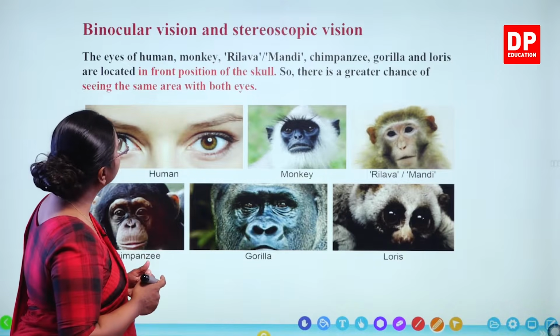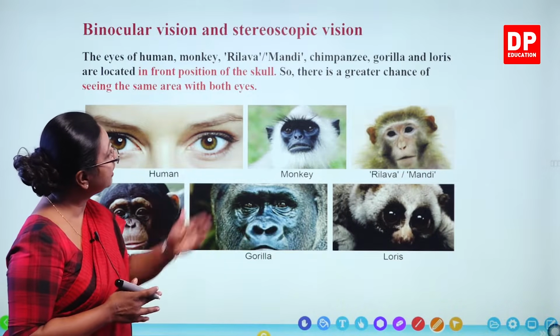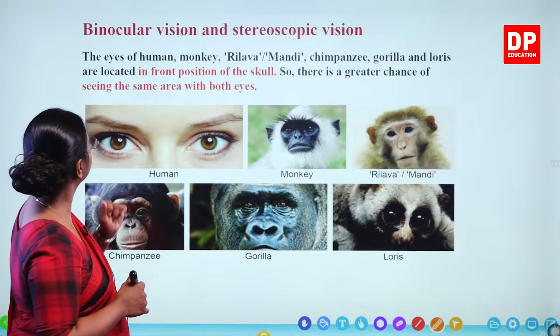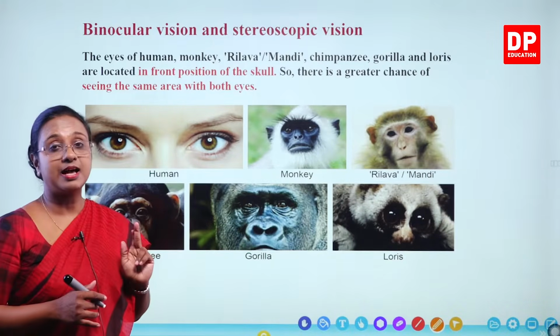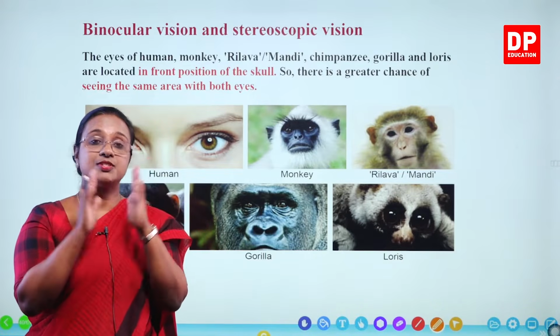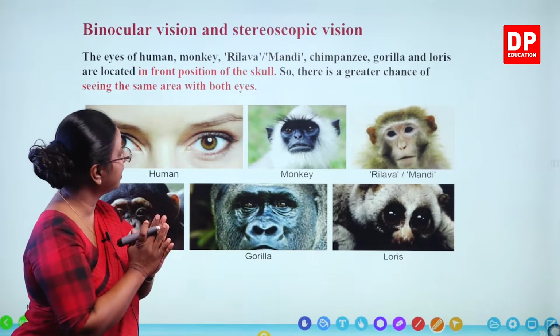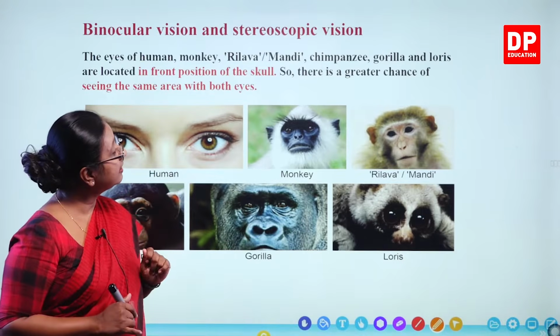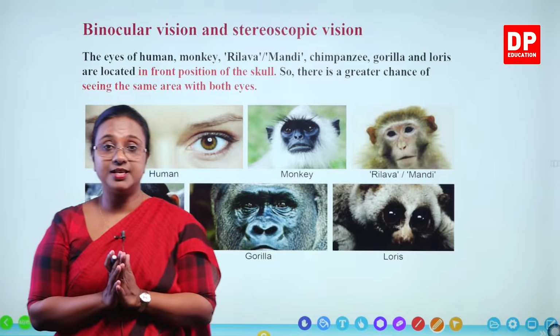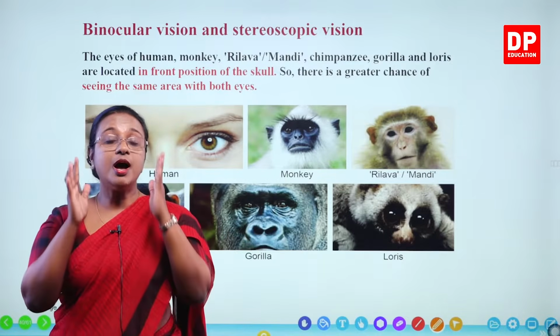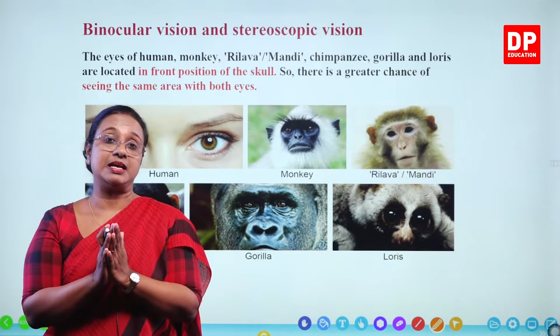The eyes of human, monkey, Rilava or Mandi, chimpanzee, gorilla and loris are located in the front position of the skull. So there is a greater chance of seeing the same area with both eyes.